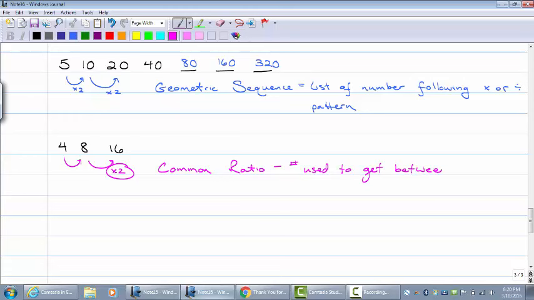But just like we talked about in an arithmetic sequence, it has to be between consecutive terms. The consecutive terms meaning it is between term 1 and term 2. I can't skip at all if I'm going to be talking about a common ratio. Whenever we talk about a common ratio, we're using the letter R.